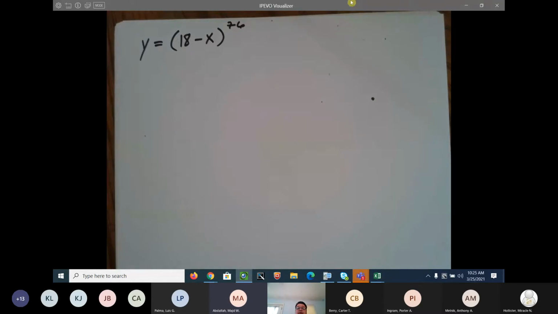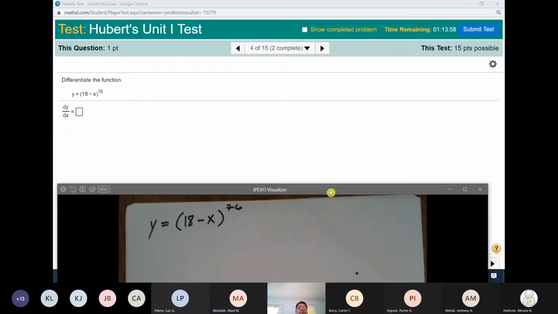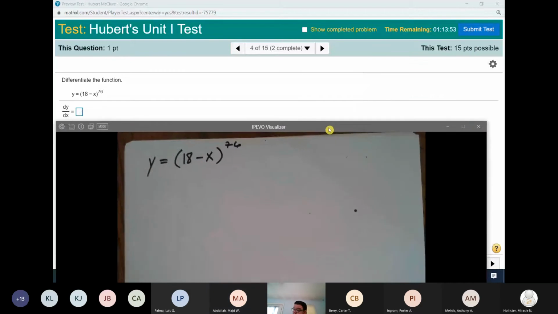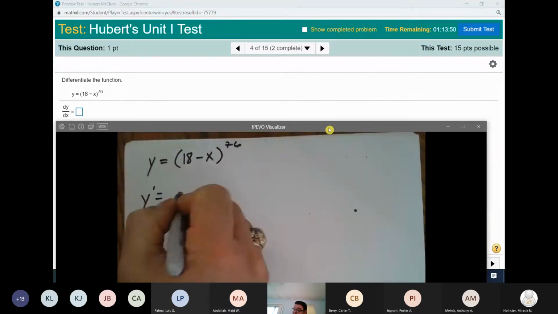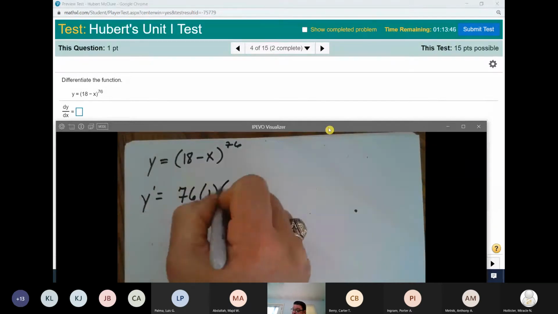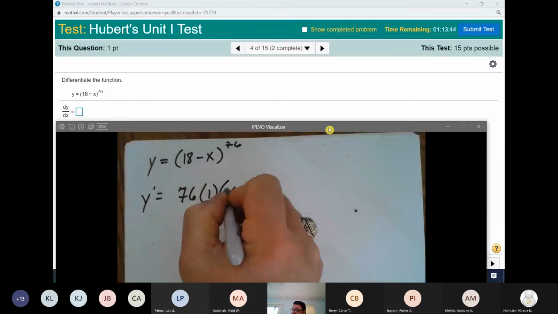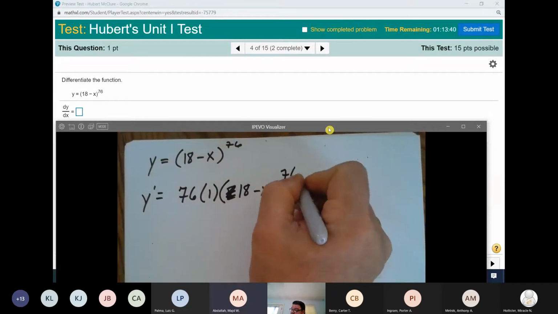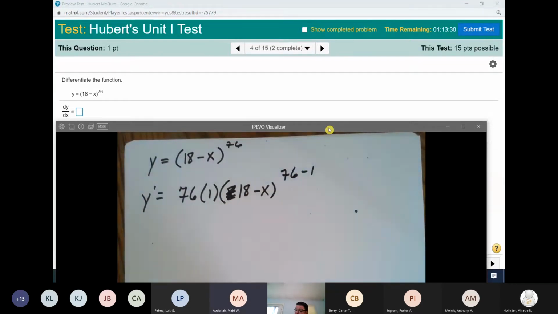I believe we just need to take one derivative, right? Yeah. Y prime is equal to 76 times 18 minus x to the 76 minus 1.